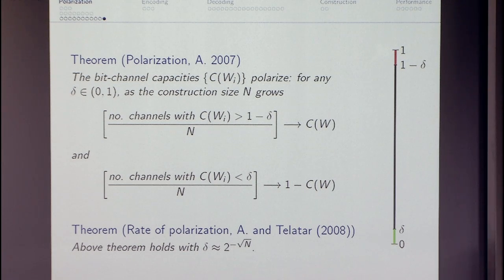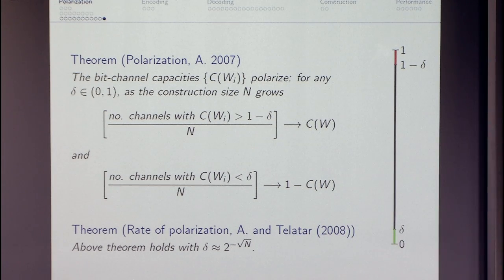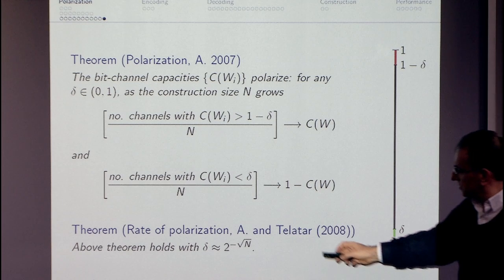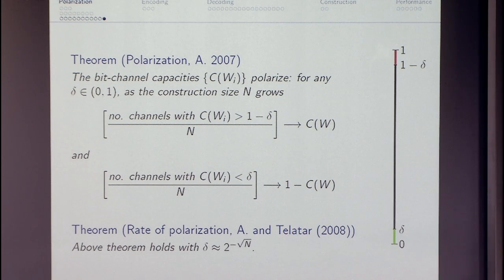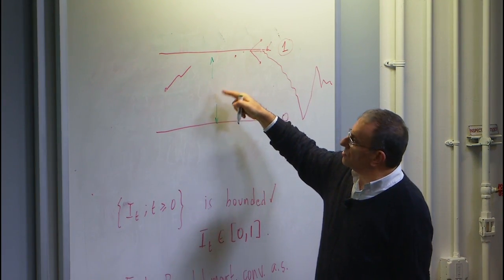I have looked at all the books that I could find on martingales, and they were completely silent about the subject. So the proof of this fact is dirty. It is not a general result, but there is also some intuition I can give you. So how fast do you converge to, let's say, 0 or 1?